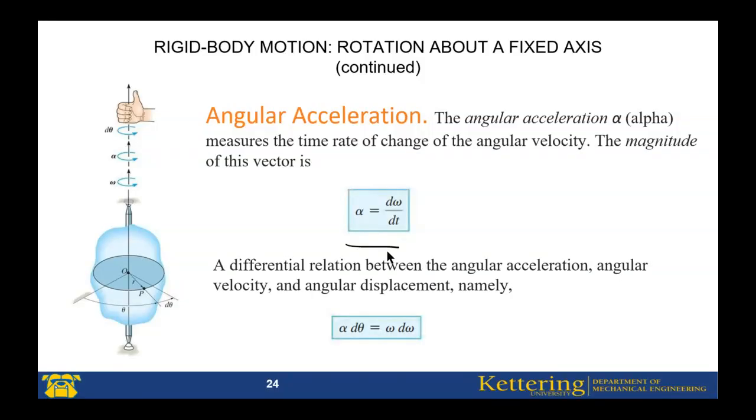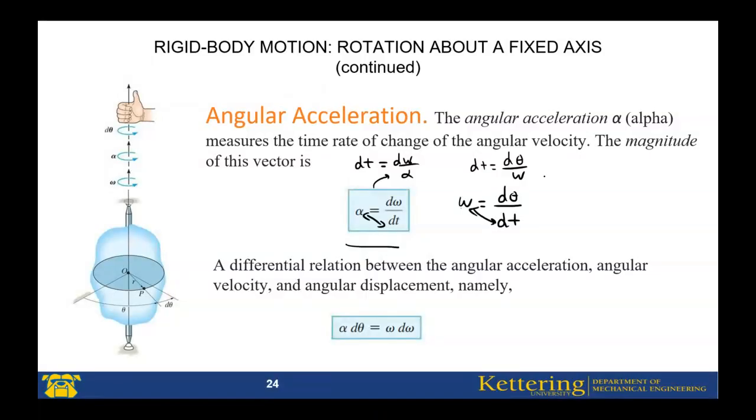Also, we can relate them together. We have alpha equal to d omega over dt, and omega equal to d theta over dt. From these, I can change the position of dt, so d omega divided by alpha equals d theta divided by omega.